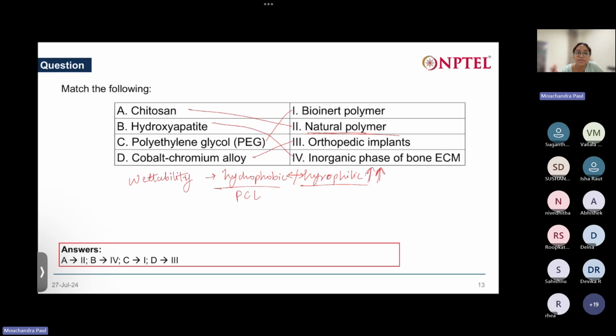If some proteins get adhered through hydrophobic or van der Waals forces, then some cell protein interaction can take place on the biomaterial surface. But since it is highly hydrophilic, it does not permit protein adhesion as well. That is why it is bioinert.